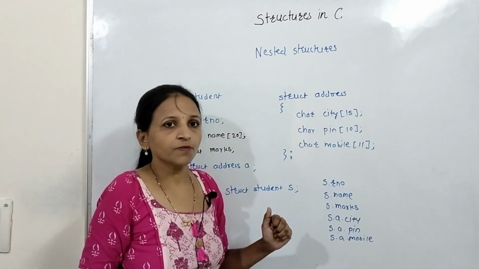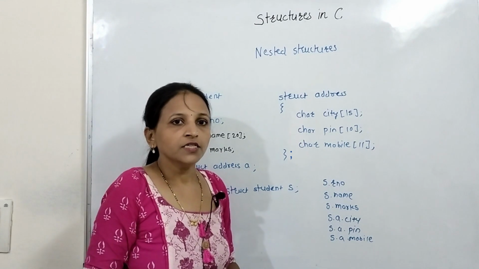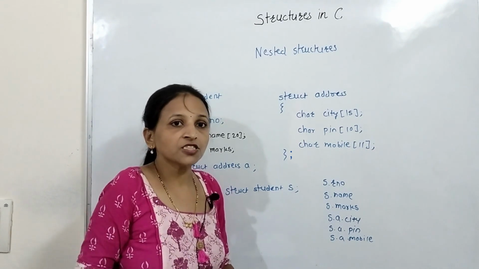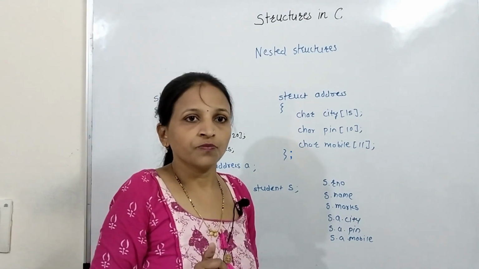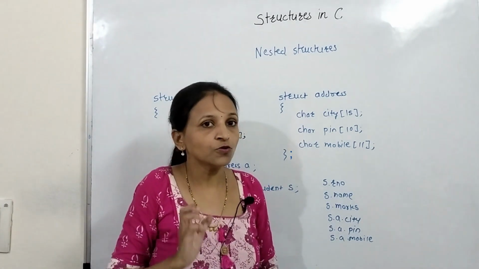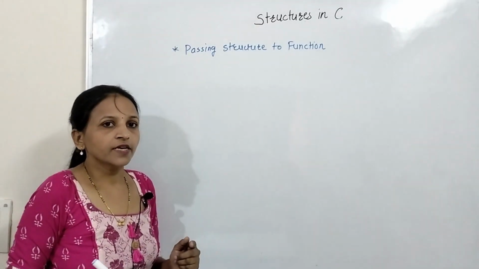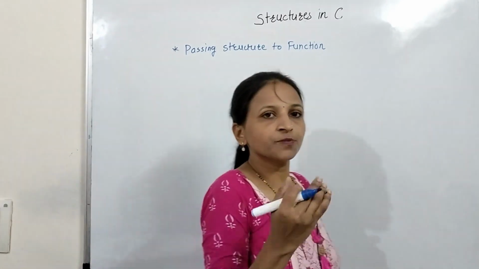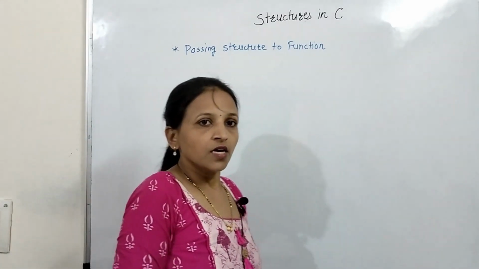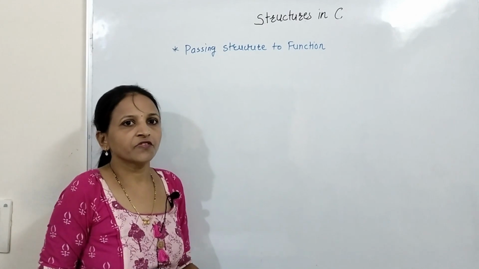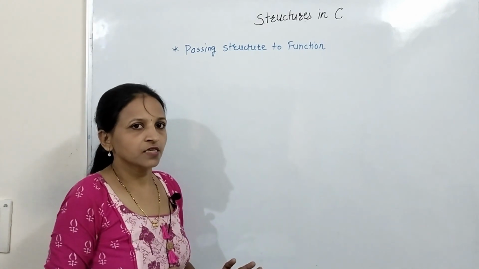Now the next feature of structure is we can pass any structure variable to a function as an argument. Now how to do that? Let us see. I want to write a display function to display the data of any structure variable. Then we can easily write that.